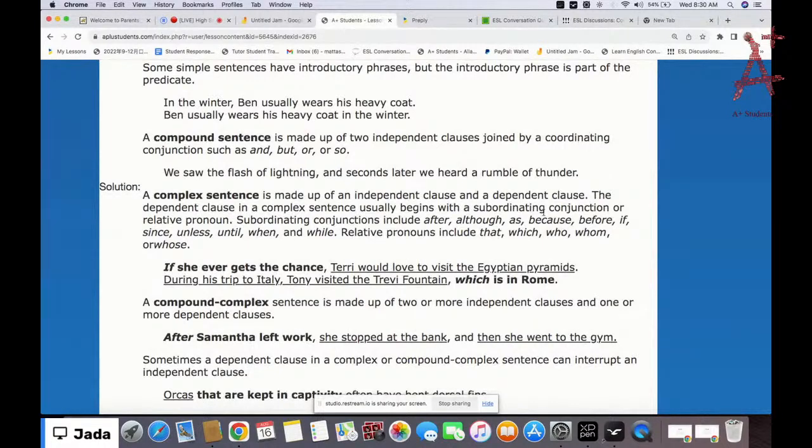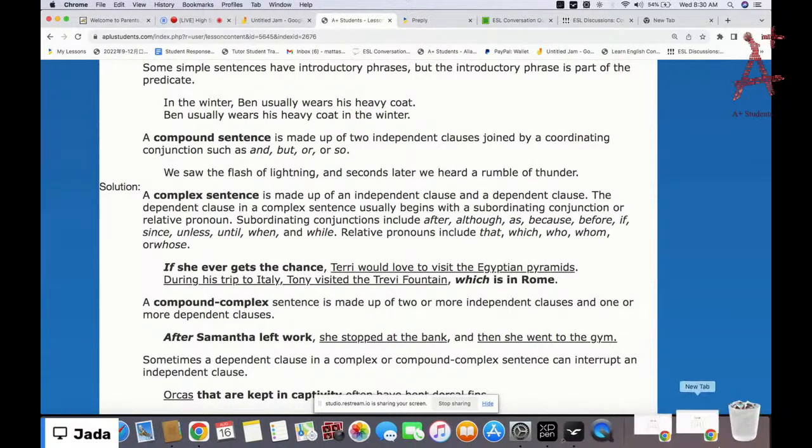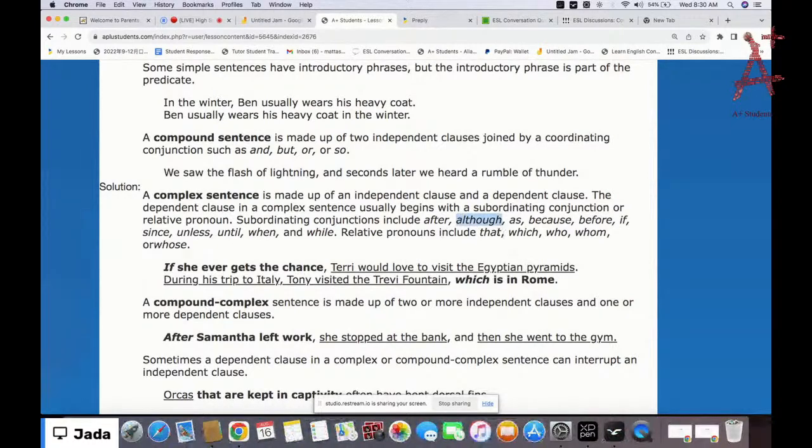Now the dependent clause in a complex sentence begins with a subordinating conjunction or a relative pronoun. These are the subordinating conjunctions, these are the relative pronouns. If you could take note of them, like I said from the other lesson, that's going to help you a lot more.